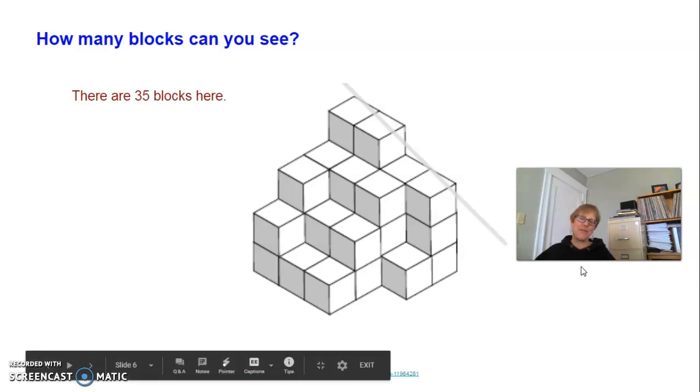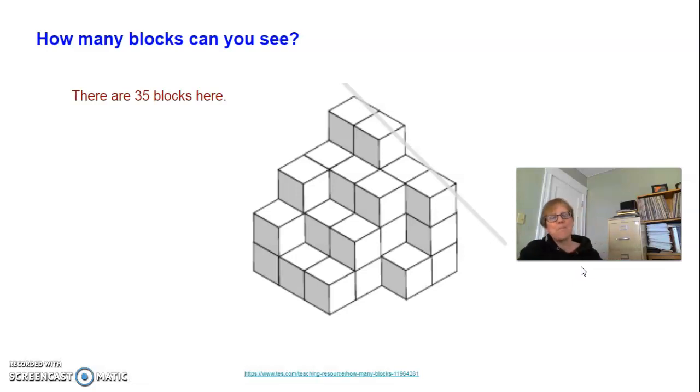All right, this one has 35. I'm not going to go through the whole process of this one again, but you can do it if you didn't have the correct number. Start by figuring out how many are in each layer, or you don't have to do it that way. There are so many other ways you could do it. You could take a look at how many are in each column.